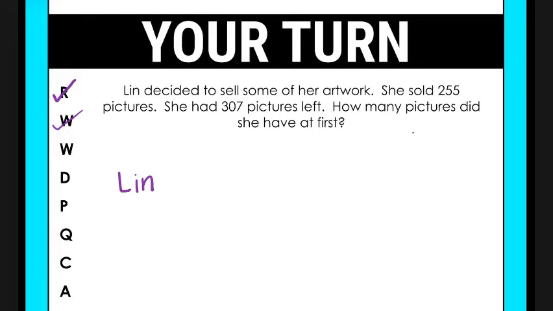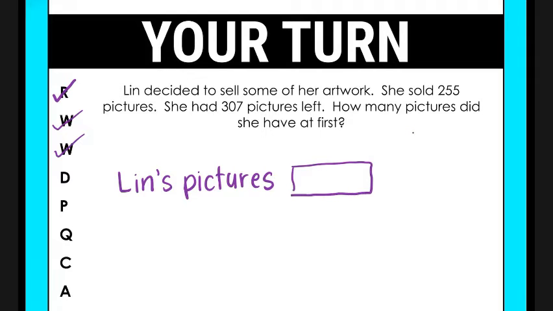And you can also see on your paper that I already have that we are talking about her pictures. The D stands for draw. So we are going to draw our unit bar. All right, now you are going to join in on these next steps with me.